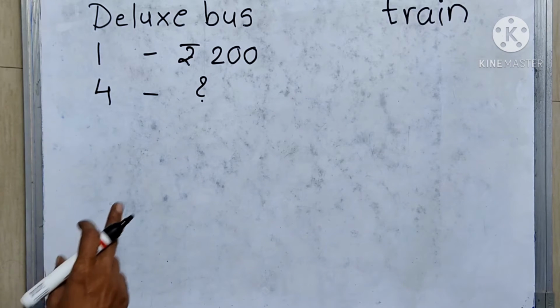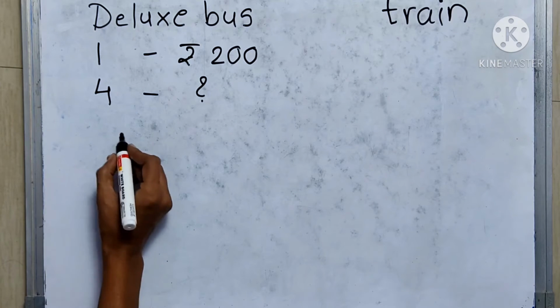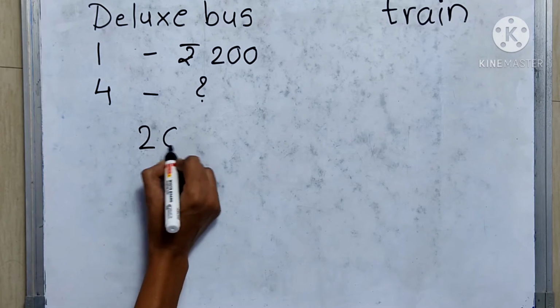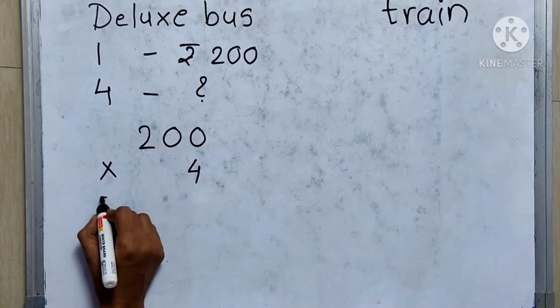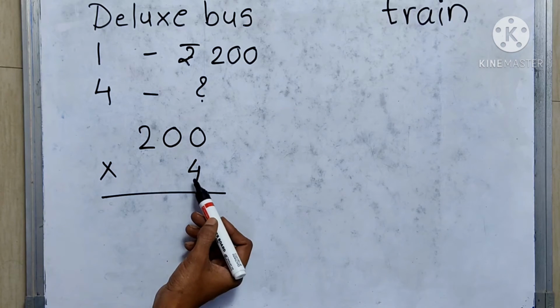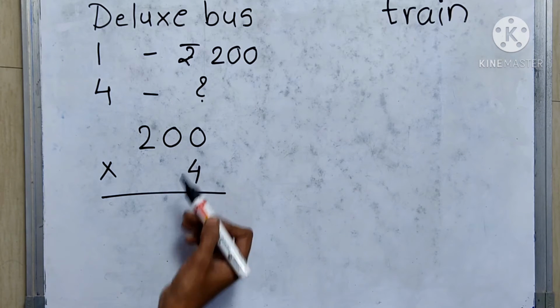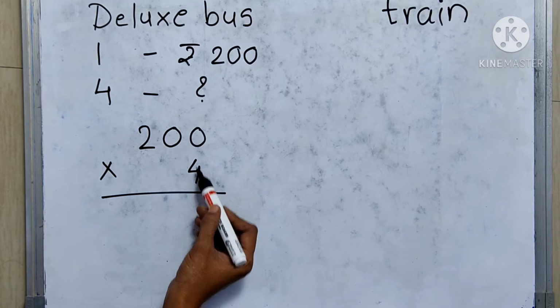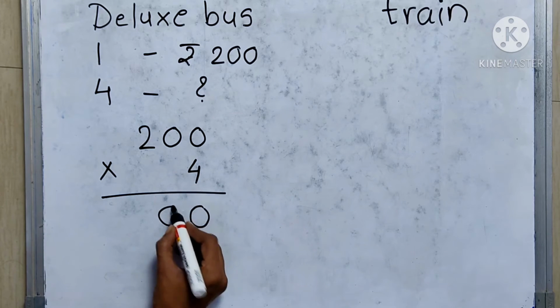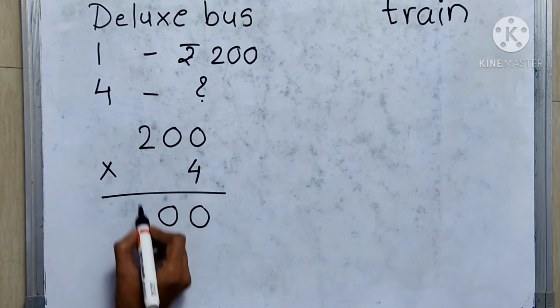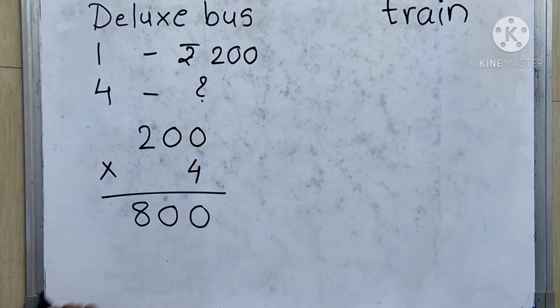Here I am using the multiplication method. Multiply this 200 by 4. Now you know if we multiply any number and 0, the answer is always 0, 4 0s are 0, 4 0s are 0 and 4 2s are 8. So the answer is 800.